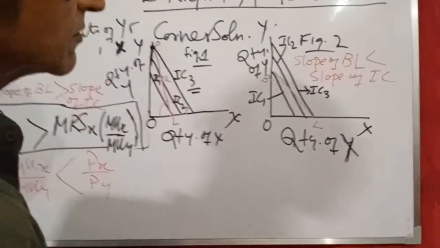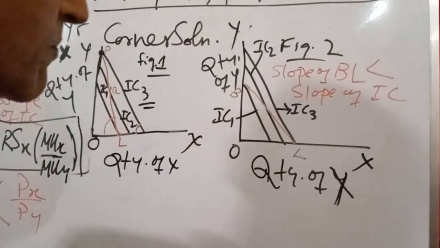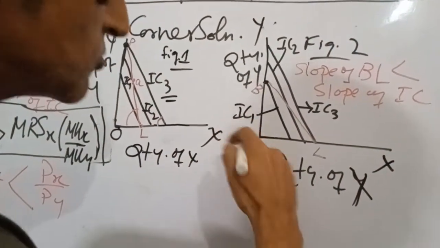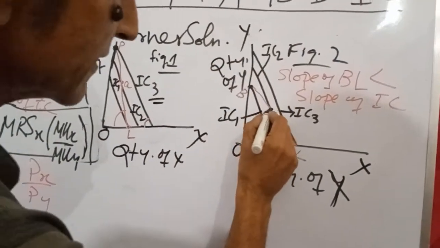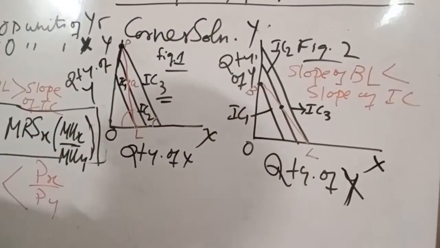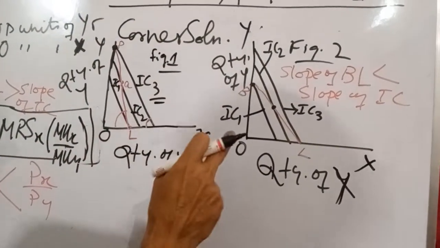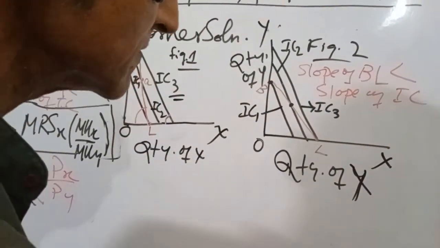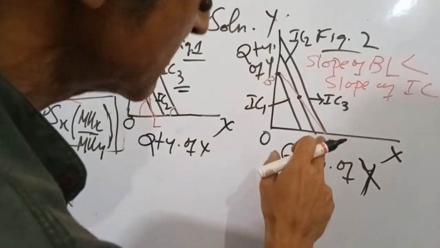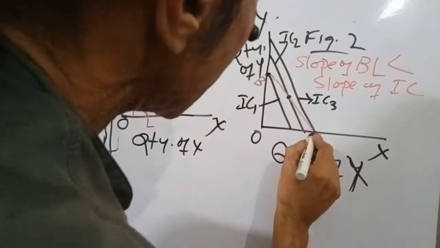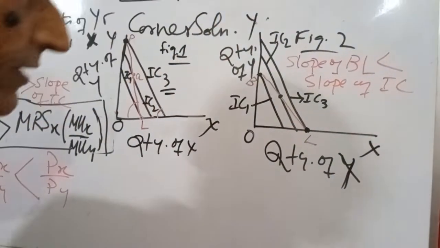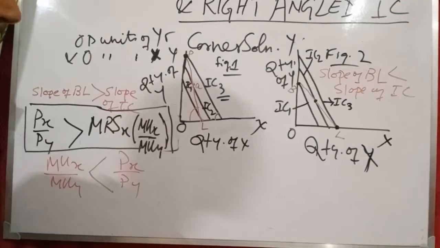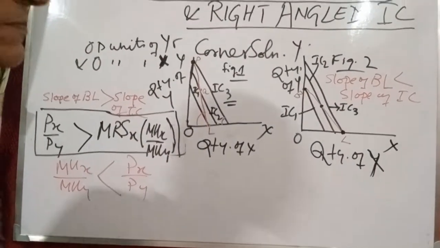So naturally the consumer will not find the equilibrium point at point B, because he can shift to IC2. Here also the consumer will not find his equilibrium, as with the same budget line BL, the consumer can move to the higher indifference curve IC3, and the budget line meets IC3 at point L. This means the highest possible indifference curve reachable by the budget line of the consumer is IC3.